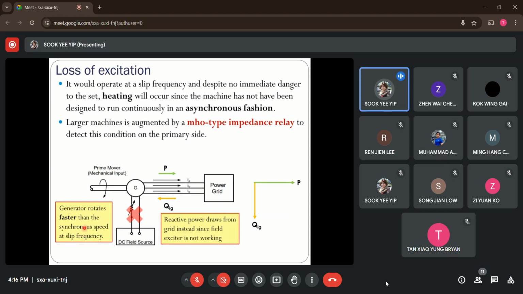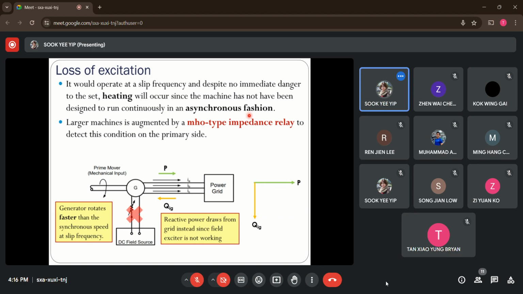Synchronous speed is the speed of the rotating magnetic field being dragged. So now the generator rotates much faster, running as an induction generator.